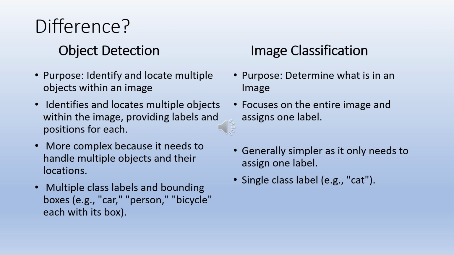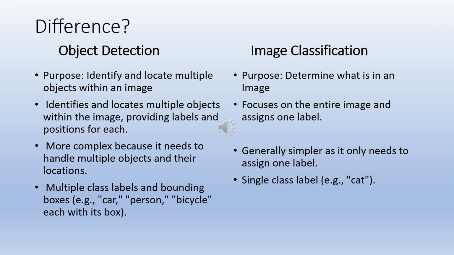For example, if you are given an image of a basket which has many fruits and an object detection algorithm runs on it, wherever it identifies an object, it makes a bounding box around it, like apple, mango, grapes, banana, and it tries to give a confidence score. Whereas in image classification, we tell the algorithm to classify the images into these three categories.